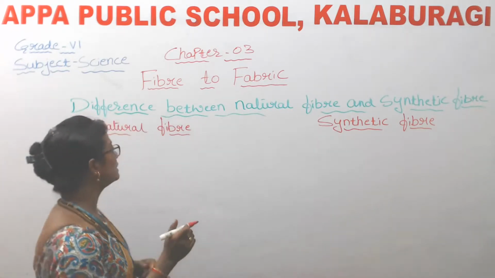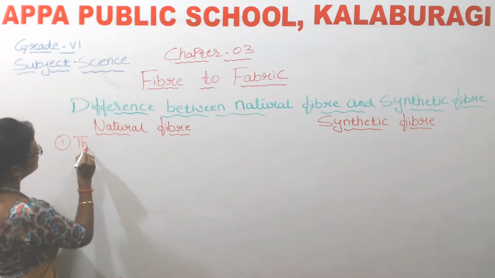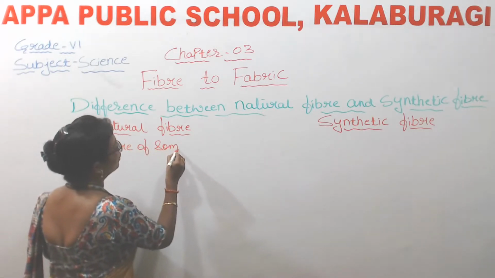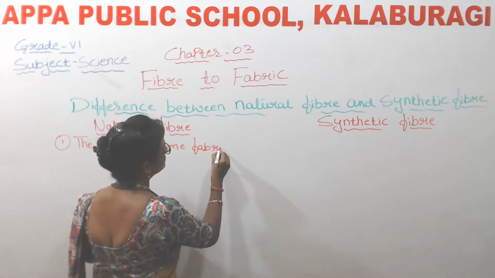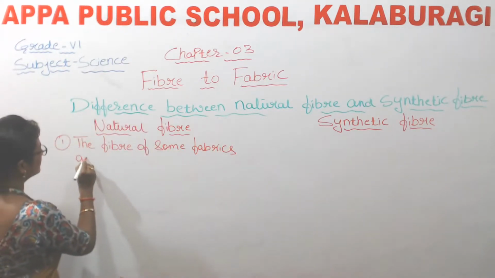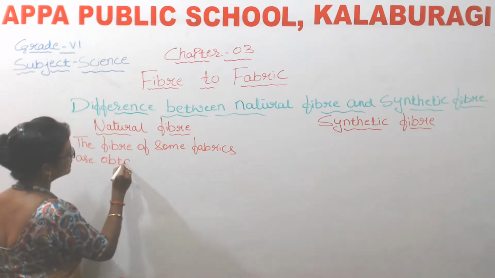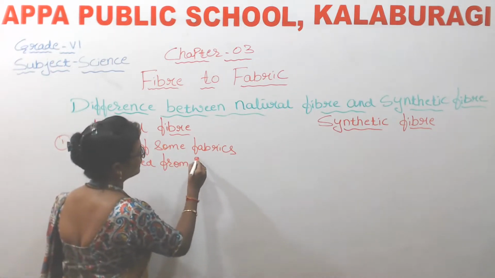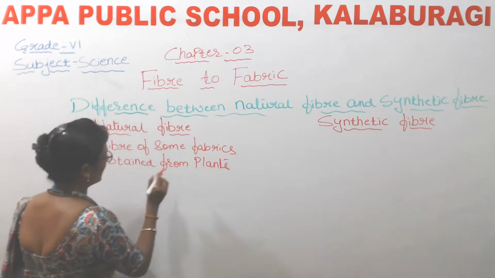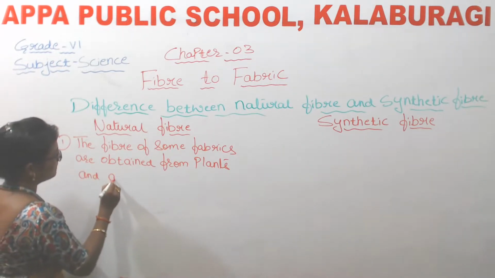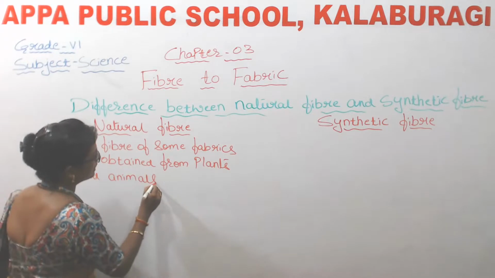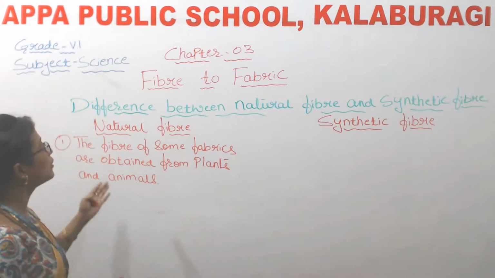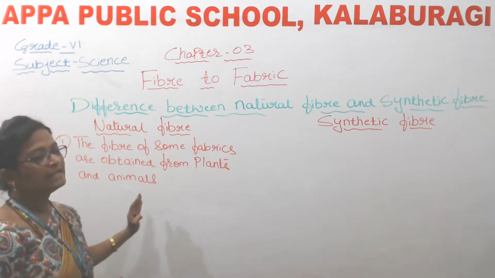The fibers of some fabrics are obtained from plants and animals. Okay, so here the fibers of some fabrics are obtained from plants and animals.